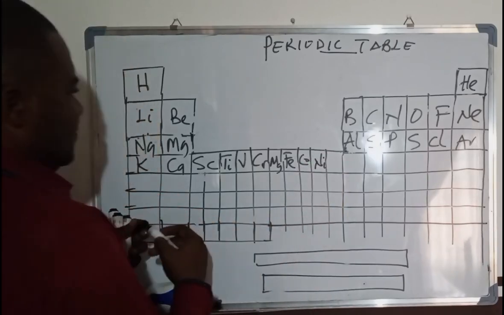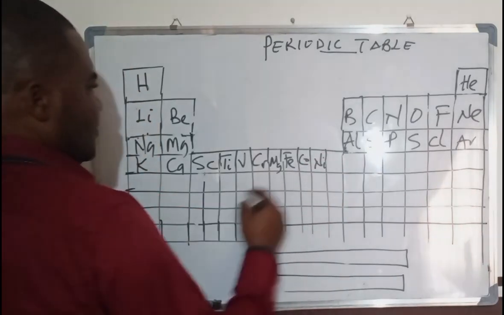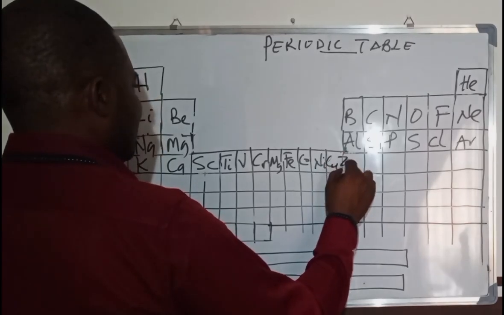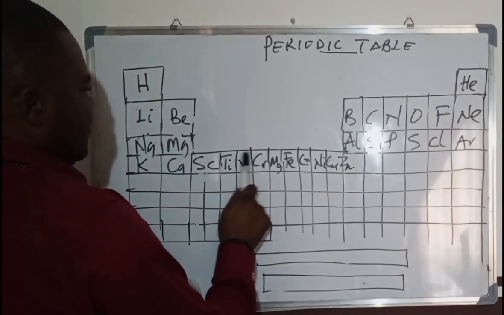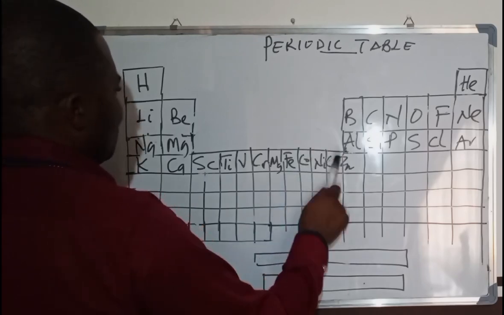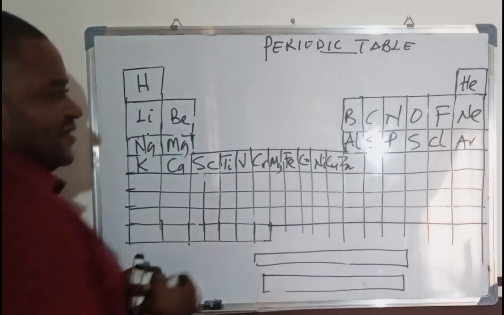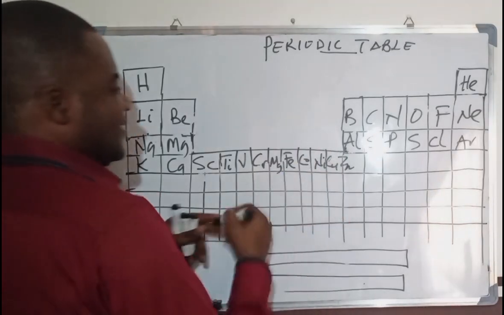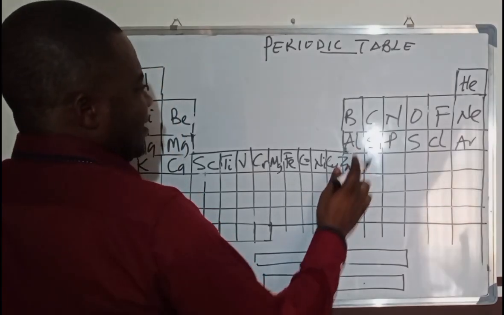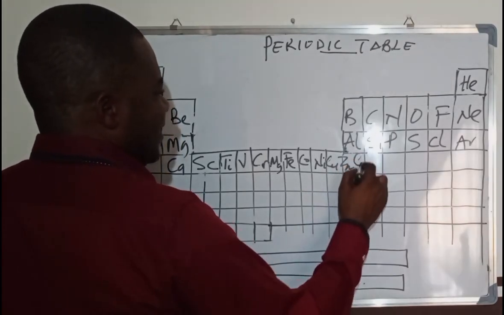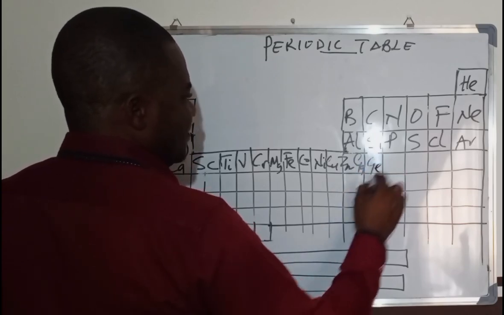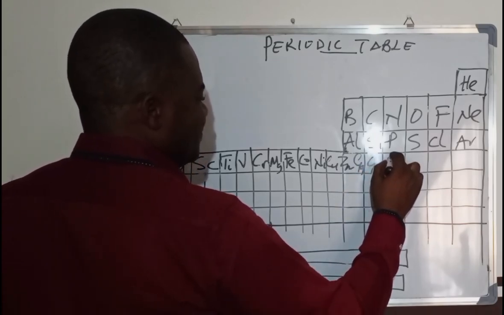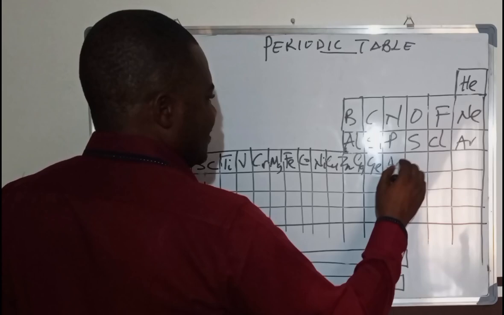Is this complete? Because we have copper and we have zinc somewhere. Let's see. 1, 2, 3, 4, 5, 6, 7, 8, 9. Wow, we're supposed to have 10. So let's just manage it that way. So we have zinc. So at this point here we have gallium, we have germanium, we also have arsenic.